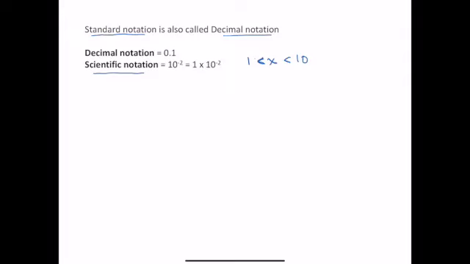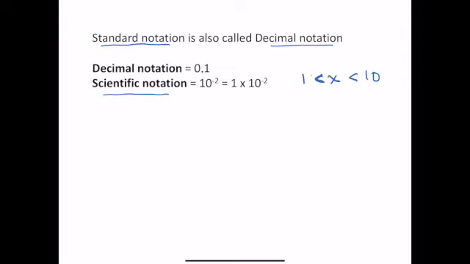Okay, and so this is the decimal notation 0.1. So this decimal is before the ones place, and so this is indicated in scientific notation as a negative exponent. So this would be 10 to the minus 1.